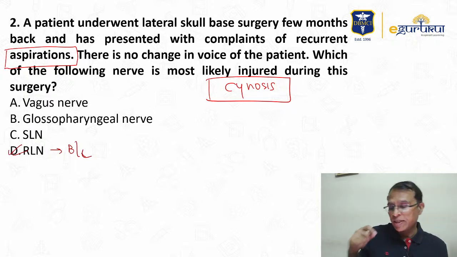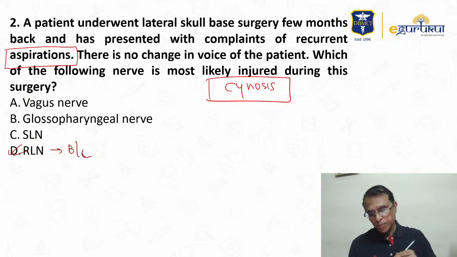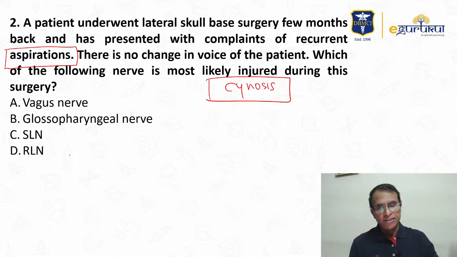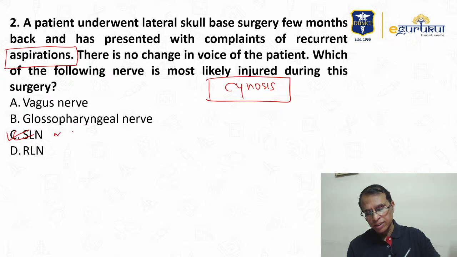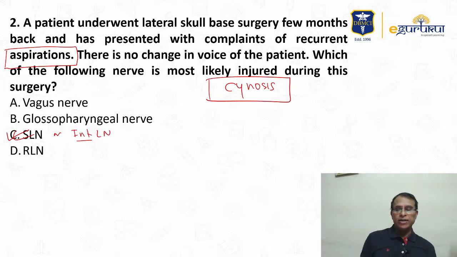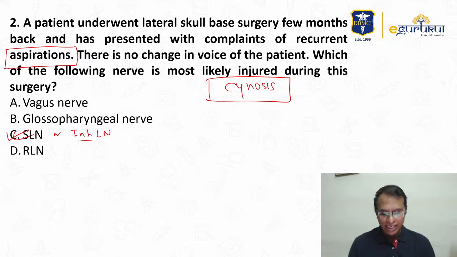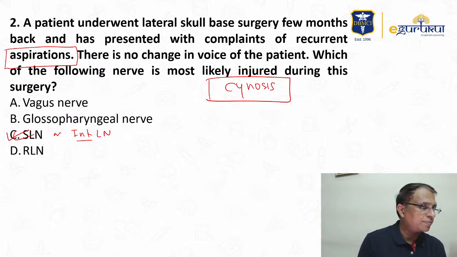So there is aspiration here, and that's why, as you know, if it is aspiration, either superior or internal, isn't it? One of the two has to be the correct answer. Internal is not given, and therefore superior is the correct answer. Thank you, Parag. Thank you so much.